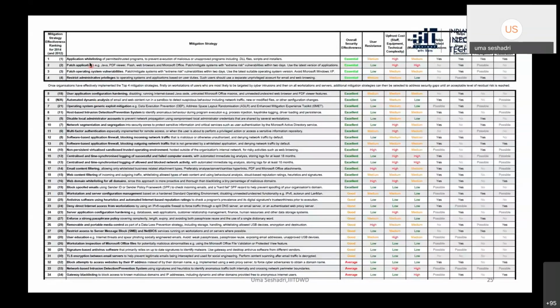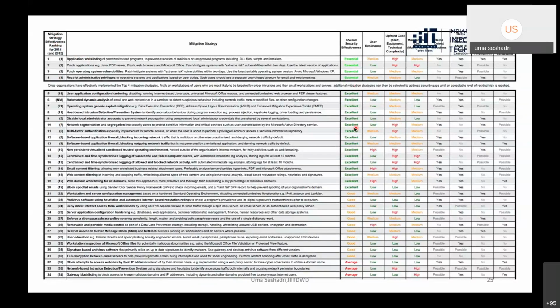They identify each mitigation strategy and also give a ranking as per its effectiveness. Different organizations use different approaches. This is one organization wherein they have created a strategy document. They give the ranking status for the effectiveness, and they also monitor regularly.